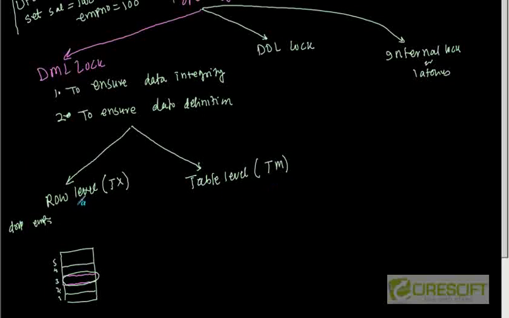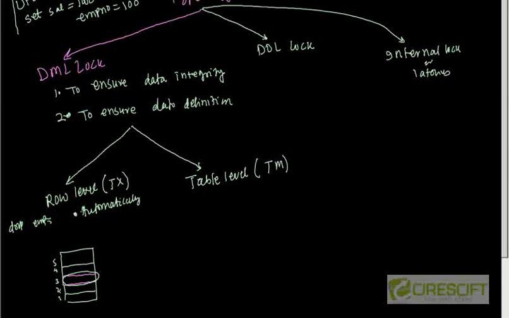Again, row level locks are acquired automatically. Oracle will automatically assign a row lock to this row whenever you submit this update statement, and there's no limit on how many locks it can acquire.